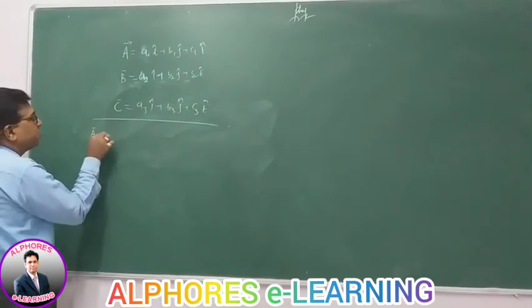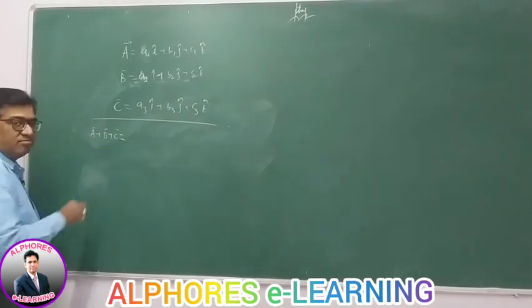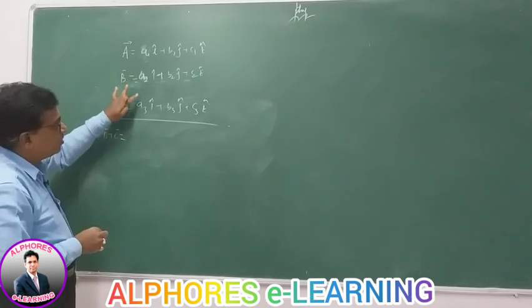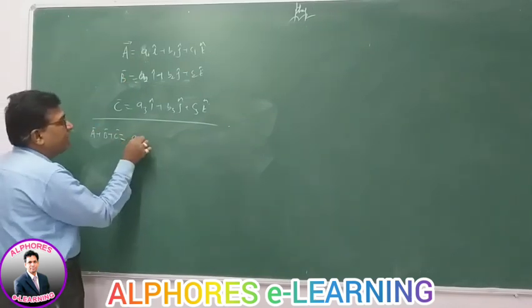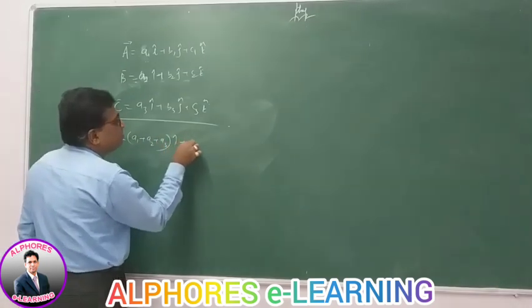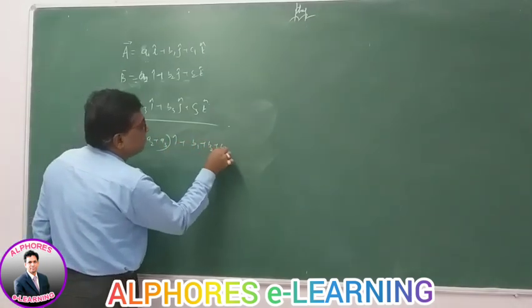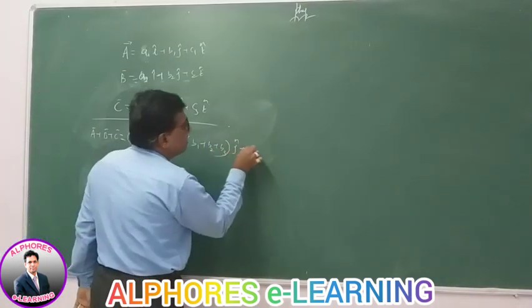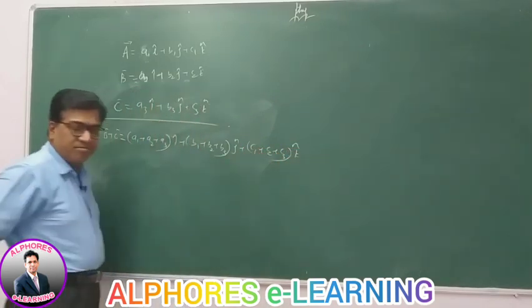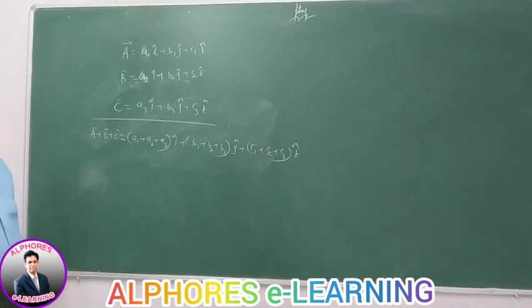A bar plus B bar plus C bar is just adding the respective components. So it will be a1 plus a2 plus a3 i cap, plus b1 plus b2 plus b3 j cap, plus c1 plus c2 plus c3 k cap. That way you can find the vector.